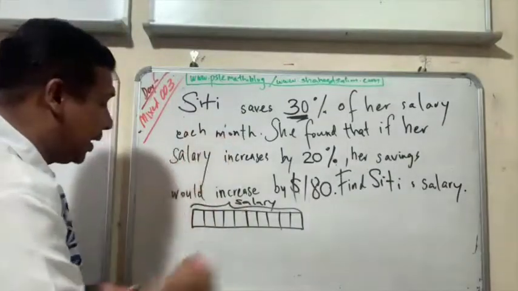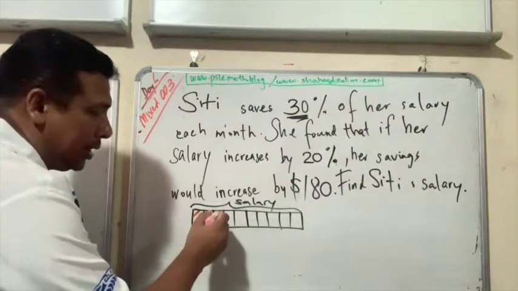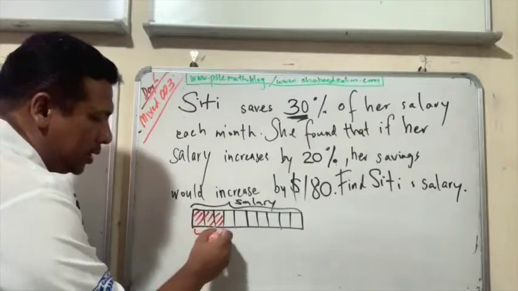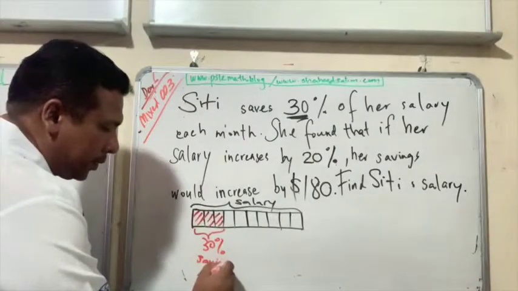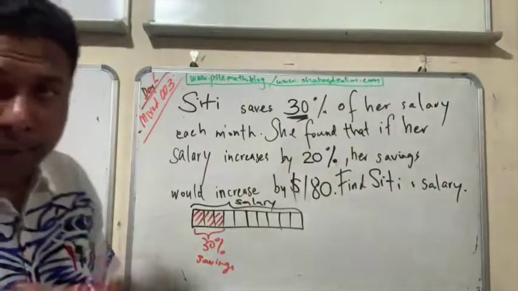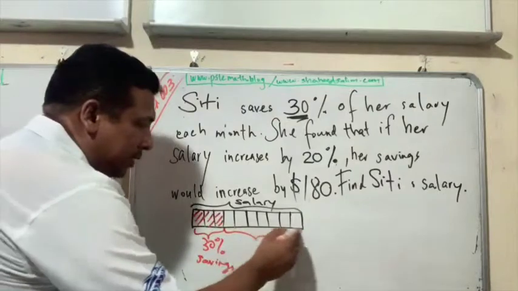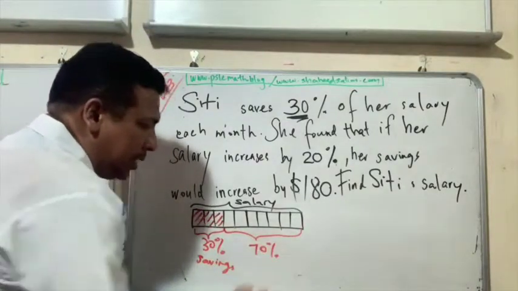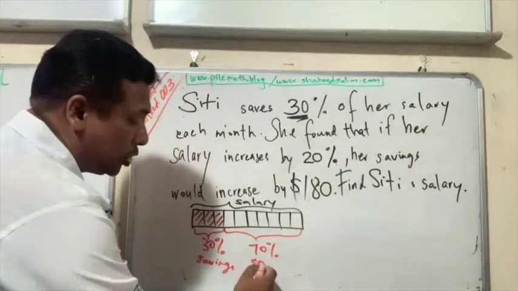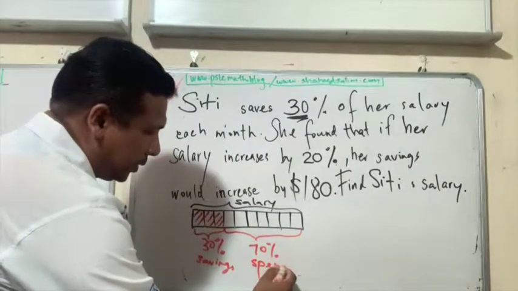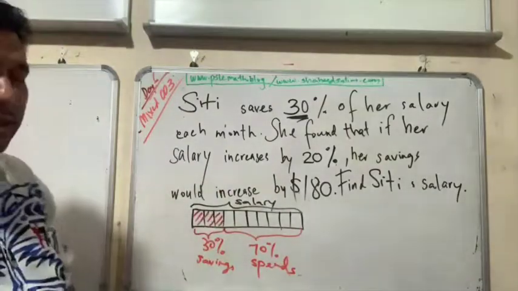So if this is 10%, 10, 20, 30, this is 30%, her savings. And the balance has to be 100 minus 30, which is 70. This 70% is her expenditure, what she spends every month.